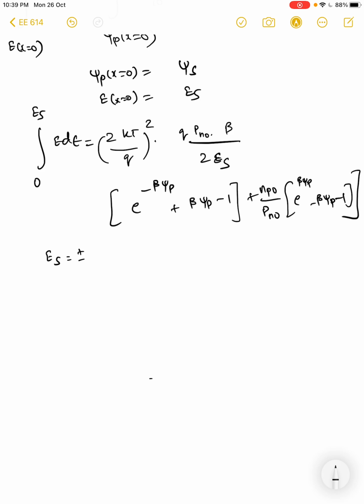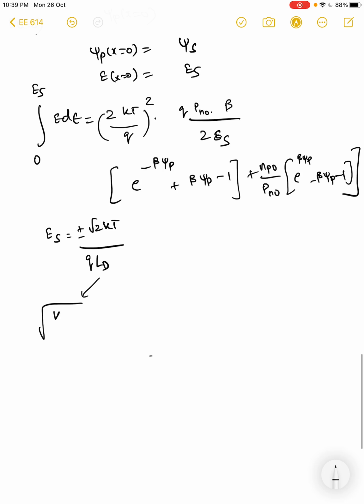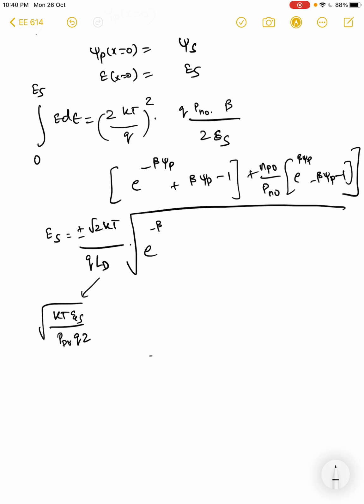plus or minus root 2 kT by q L_D. L_D is the diffusion length, and we know this is root of kT epsilon_s by p_p0 q squared. This is multiplied by a factor which is very essential for our treatment henceforth.